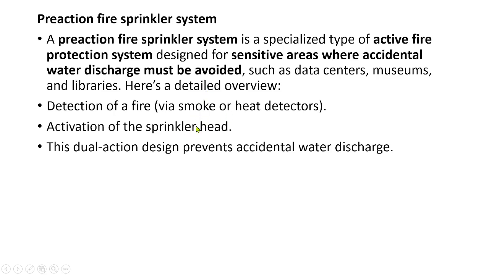Both conditions need to be fulfilled, then water flow will happen. This dual action design prevents accidental water discharge, which can damage our museum, our library, our books. So the pre-action system is usually used in very sensitive areas.